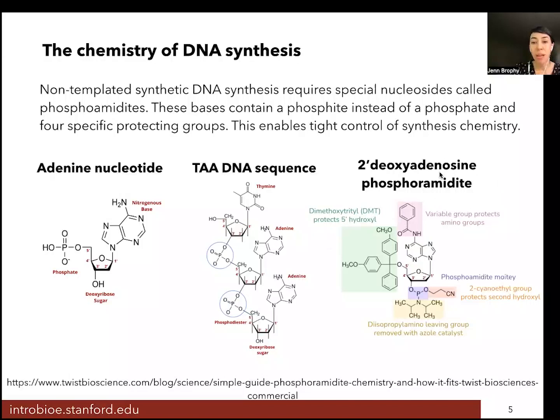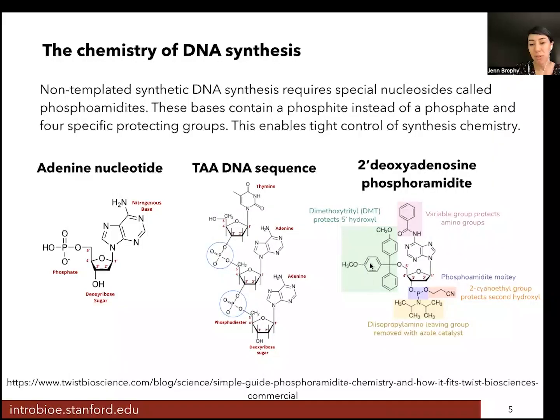Now, a phosphoramidite is a special type of base. If you look really hard in the middle here, you can see that sugar backbone and that adenine base, but it's got a bunch of chemical modifications to it. It has what's called a variable group that protects the amine, that protects the base part, essentially. You have this DMT moiety that protects the phosphate.